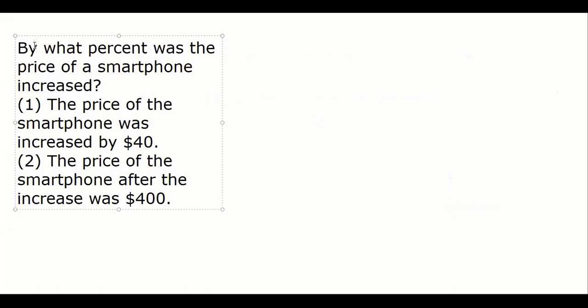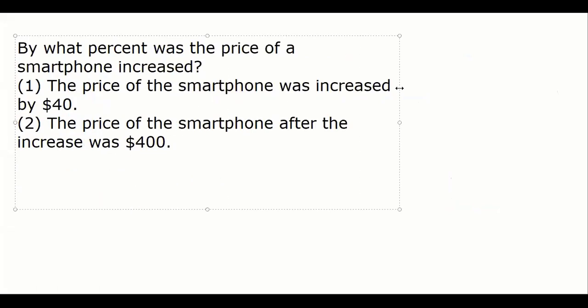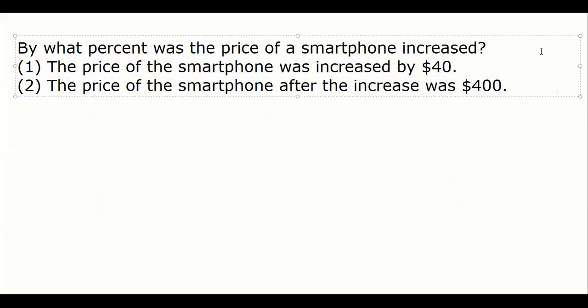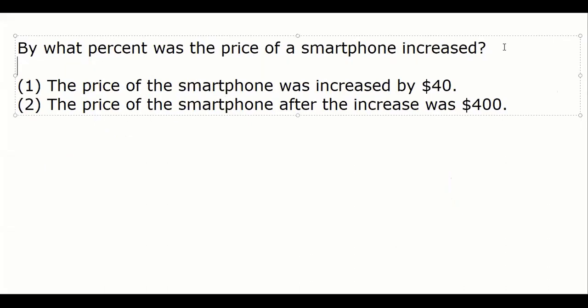The question is: by what percent was the price of the smartphone increased? Statement 1, statement 2. Tell me now: 1 alone sufficient, 2 alone sufficient, both together sufficient, either 1 or 2 alone sufficient, or neither of them together sufficient. Tell me. By what percent was the price of the smartphone increased?